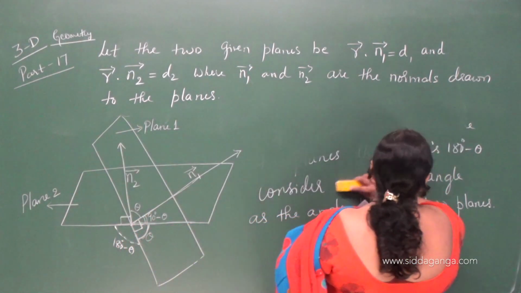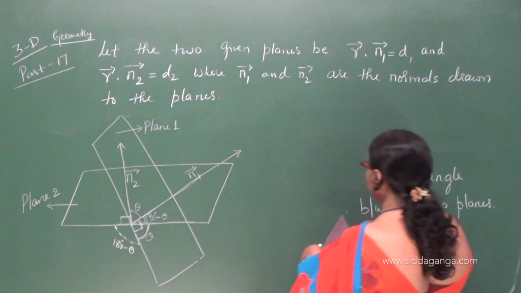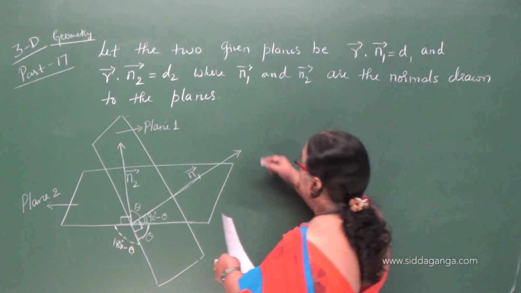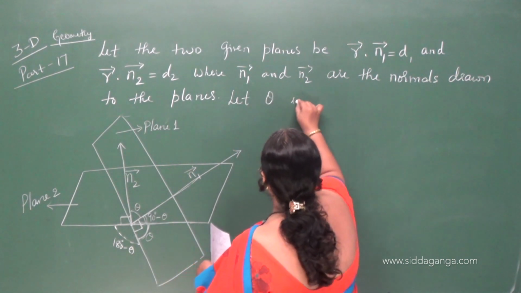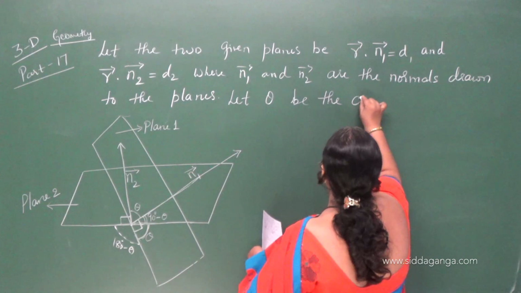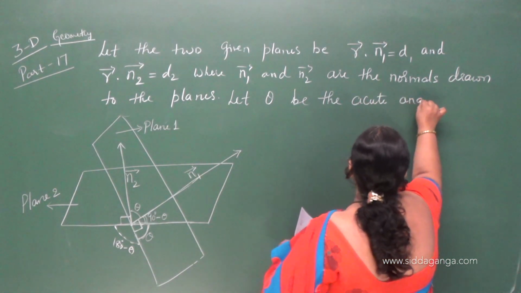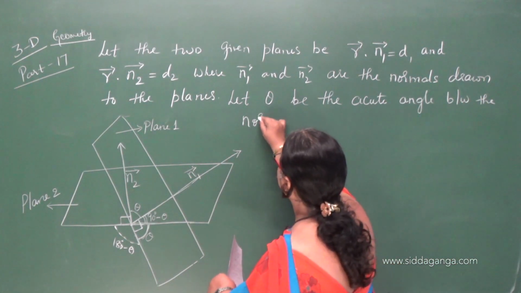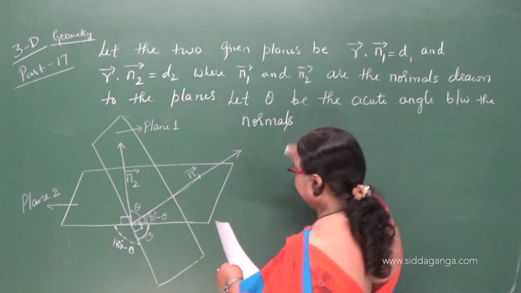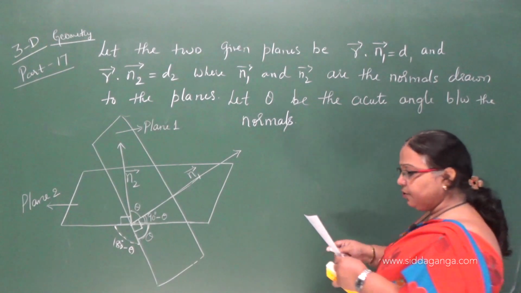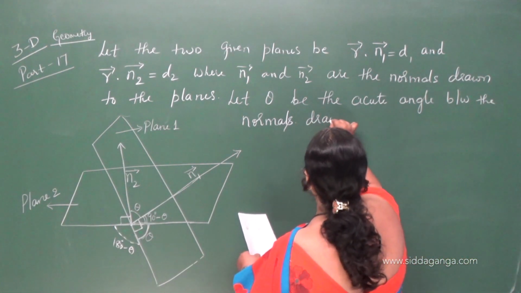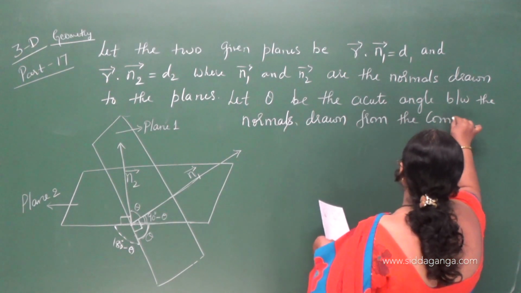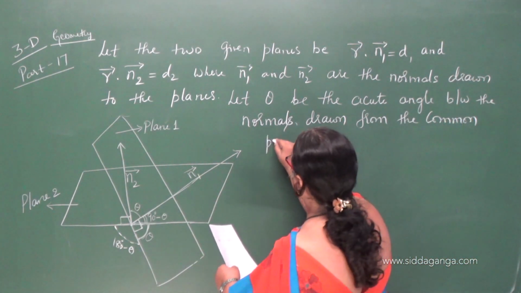Instead of saying plane, we take the normals and write the answer for this. So let theta be the acute angle between the normals, that is, the normal vectors drawn from the common point.